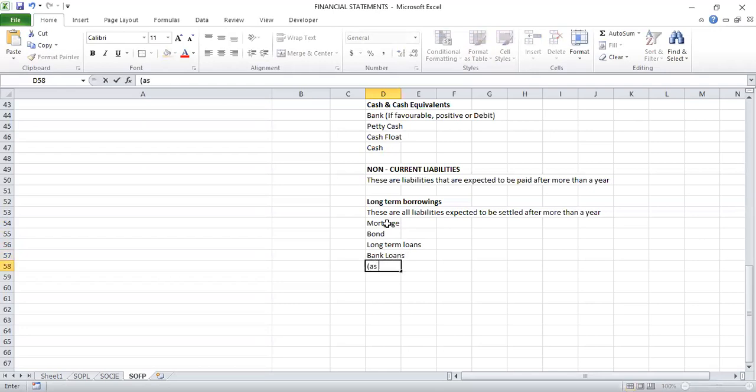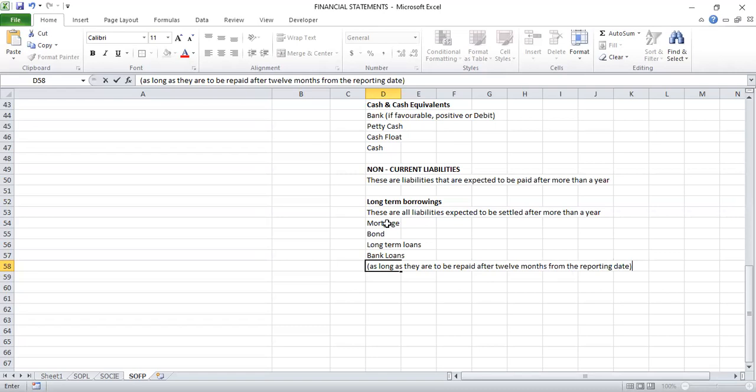Let's mention that as long as they are to be repaid after 12 months from the reporting date. So from that date that you are preparing the statement of financial position, if you are reporting up to 31 May 2023, everything to be paid after 31 May 2024, that's a long-term borrowing.